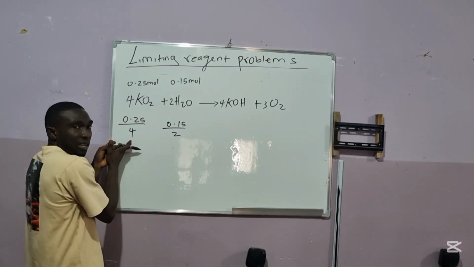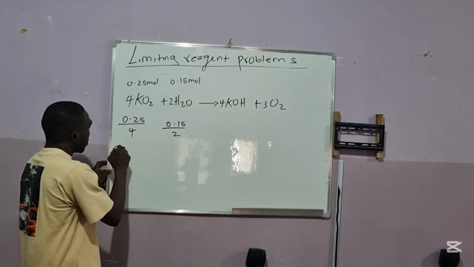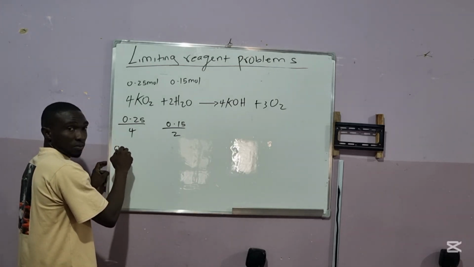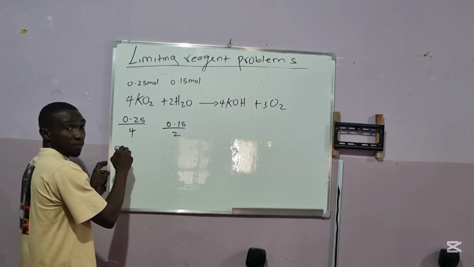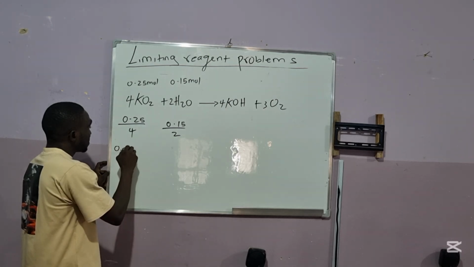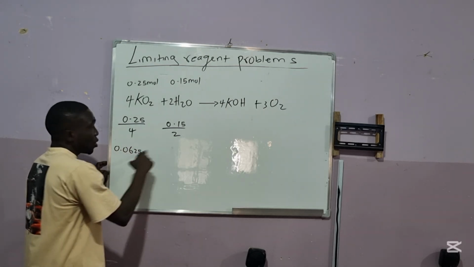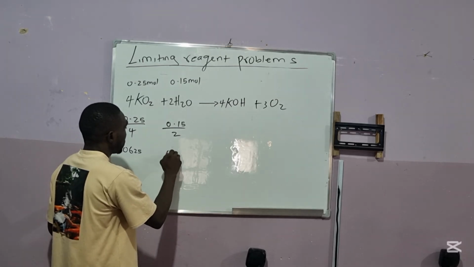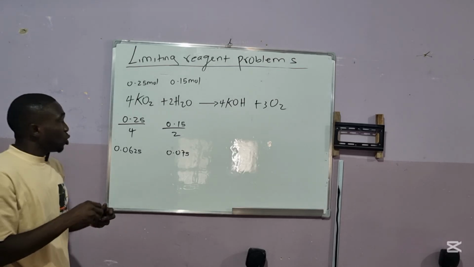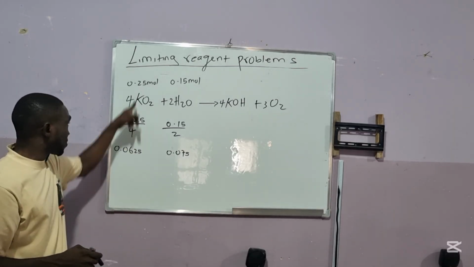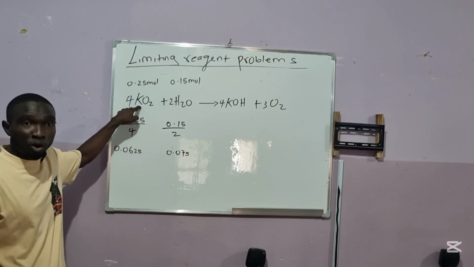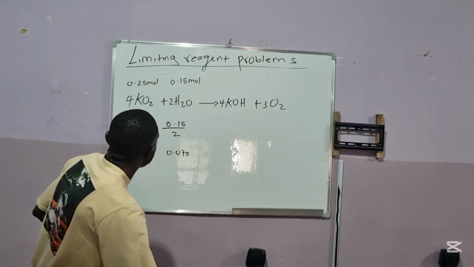What's going to be the answer here? 0.0625, right? What about this one here? 0.075. Now compare the two answers here. Which of them is smaller? This one, right? All right, so that means my limiting reagent is potassium superoxide, KO2. All right, so that's my limiting reagent.